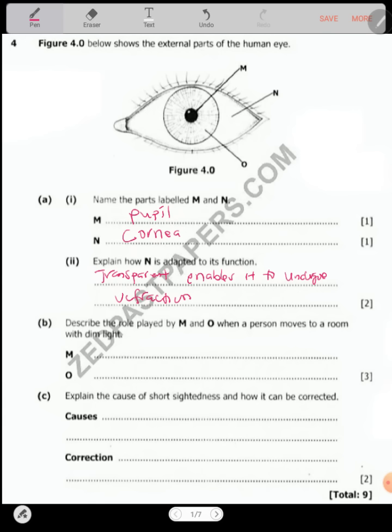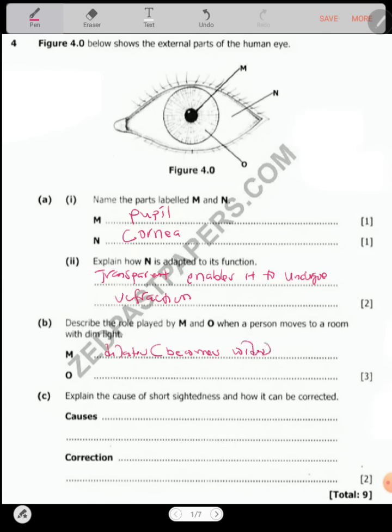You understand? Now, what does that have to do with O? Here we are saying M dilates, it becomes wider. Now what happens to O?